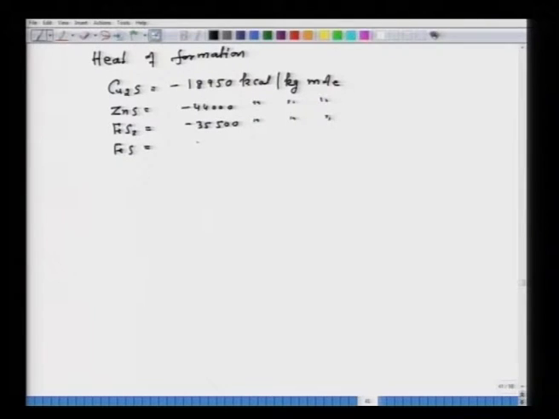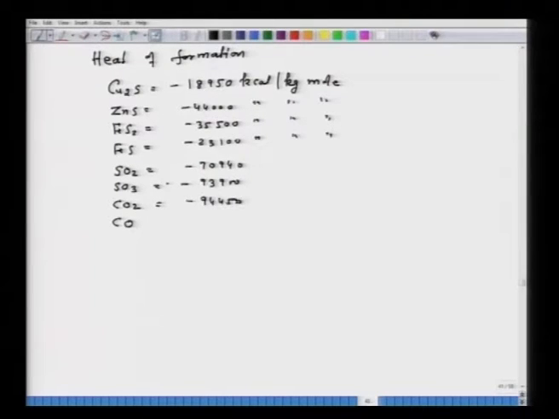FeS, minus 23,100 kilocalorie per kg mole, and then you have SO2, SO3, CO2 and CO. SO2 is minus 70,940, SO3 is minus 93,900, CO2 is minus 94,450, CO is minus 26,840. However, these values we will be using when we do the heat balance of the roasting process.